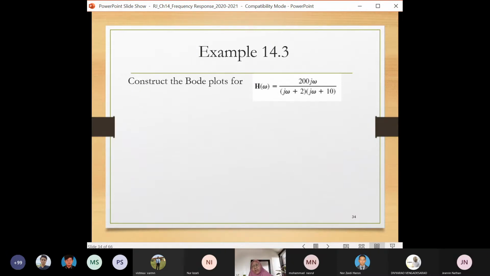Please watch the videos so that you can have a better understanding of how you should be able to plot manually.